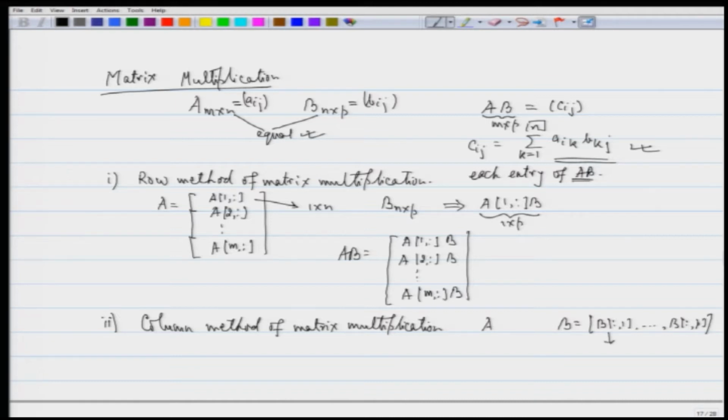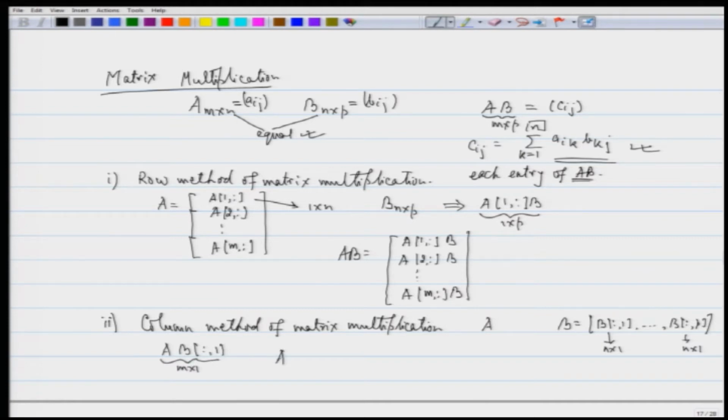If I look at B, each column is of size n cross 1, and therefore we can talk of A times the first column of B. A is m cross n, this is n cross 1, so this is a matrix of size m cross 1.